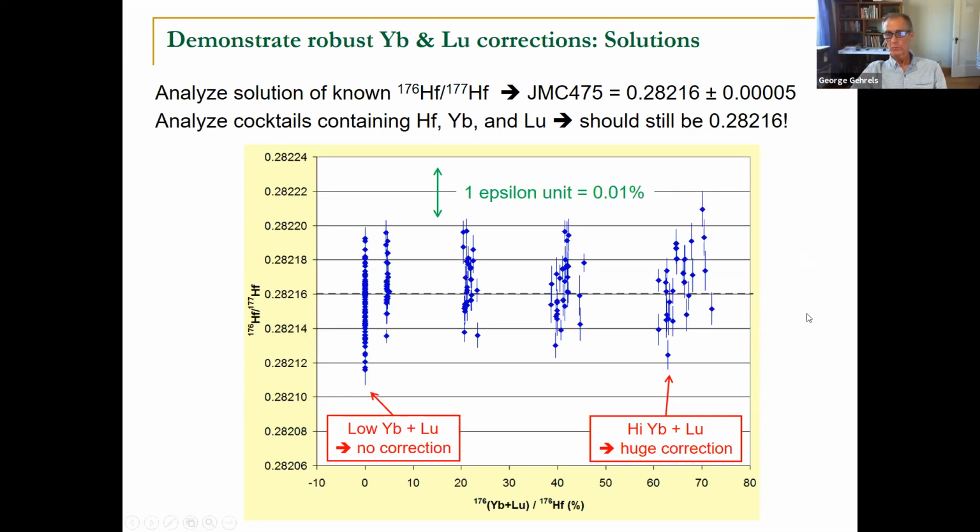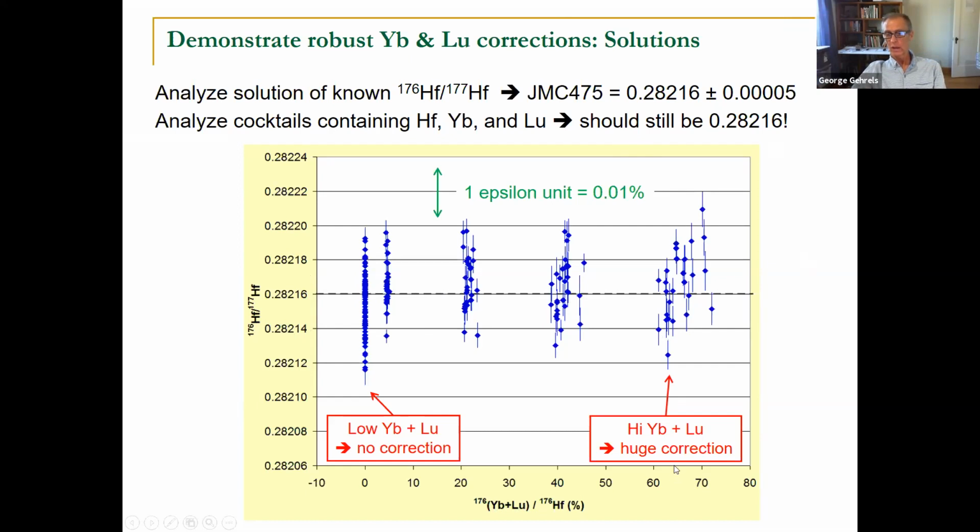And then I'm going to analyze it with the mass spectrometer. And so I'm going to get some ratio here that's measured from that cocktail, which is huge, right? 0.3, 0.4, 0.5, something like that. And then if I do all these corrections correctly, I'll be able to get that JMC value back to 0.28216, regardless of how much ytterbium and lutetium I have.